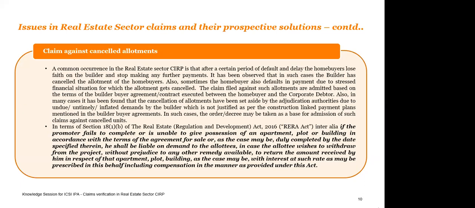On the other side, such things are also being contested by the home buyer before many of the adjudicating authorities, and there we also see some kind of decree or order that the home buyer has got for this forceful cancellation of unit.